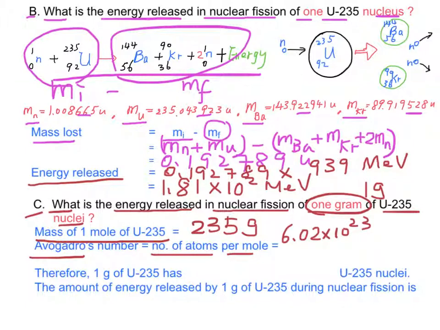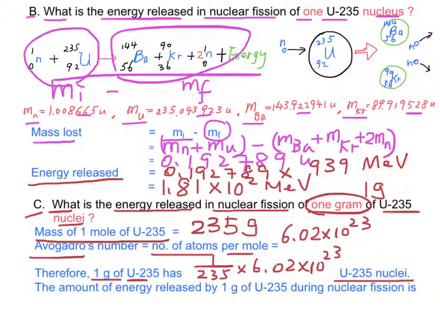Therefore, 1 gram of uranium-235 nuclei will have 1/235 times 6.02 times 10 to the power 23 uranium-235 nuclei.